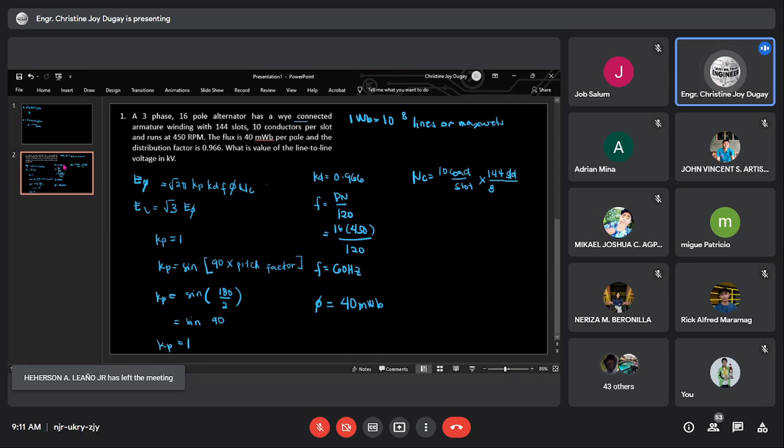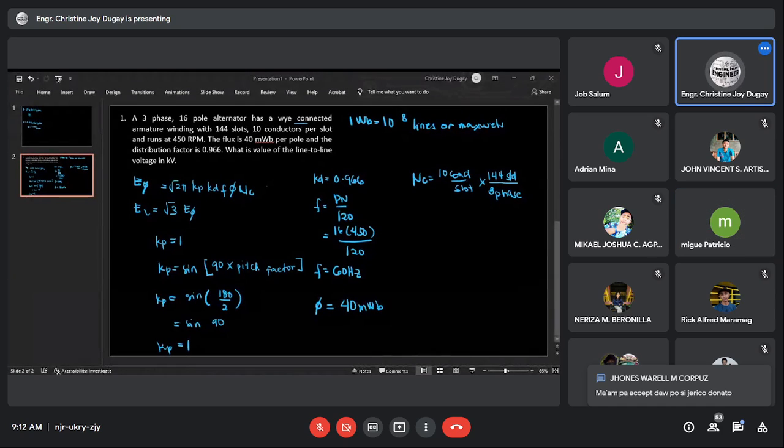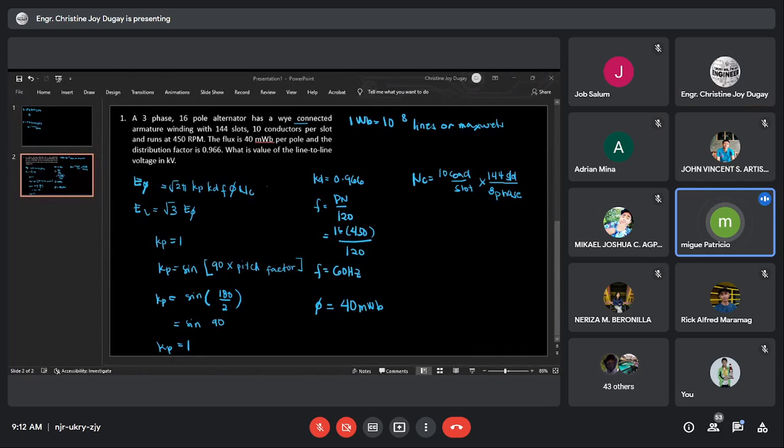Ano yung 3? That is, since 3 phase siya, no? Phase. And ano pa? Divide by 2, ma'am. Ano yung 2 natin? Kada coil kasi, ma'am, there are 2 conductors.